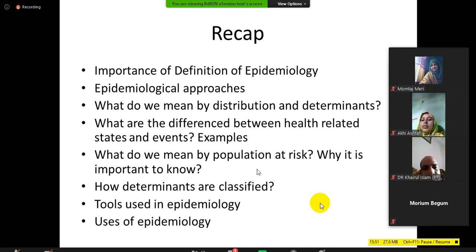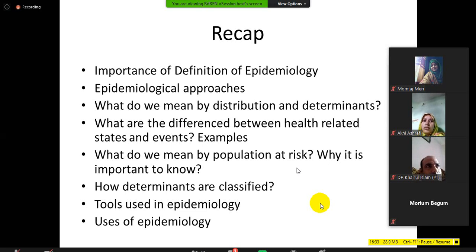Now, what is the importance of population at risk? Population at risk is important because, for example, I'm giving the same example like COVID. If we really want to know what is the percentage of people suffering from COVID infection, first of all we have to calculate the number of people who suffer from this COVID infection, and also we have to know what are the people who are supposed to get this infection, meaning the population who are exposed, or may have a chance to be exposed, to the infection.